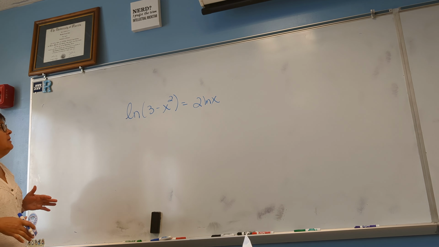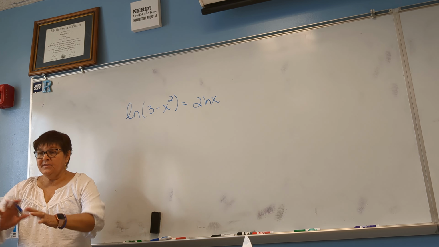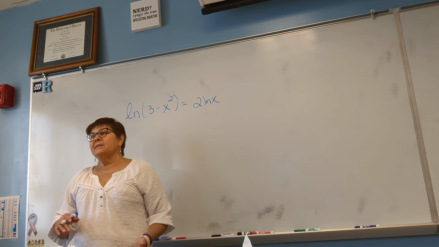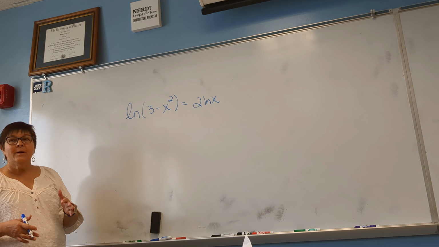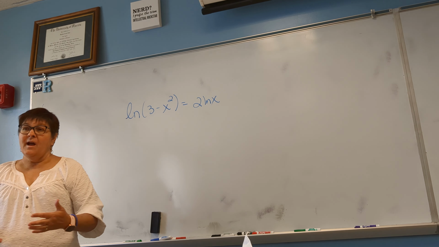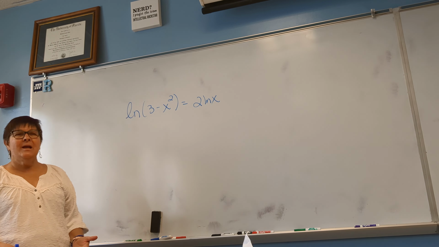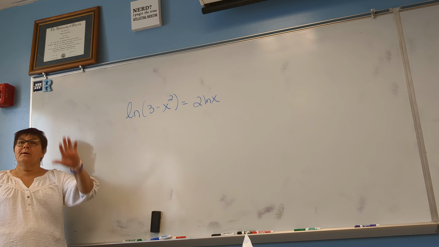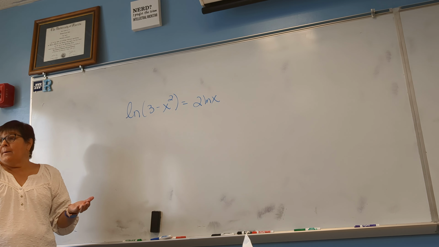If I had ln of stuff equals ln of stuff, there's a technique that works every time. I'm not quite where I need to be. I have ln of stuff and then I have a 2 up front with ln of stuff. So how can I handle this first to make it a natural log and a natural log? Put the 2 to the power, right?